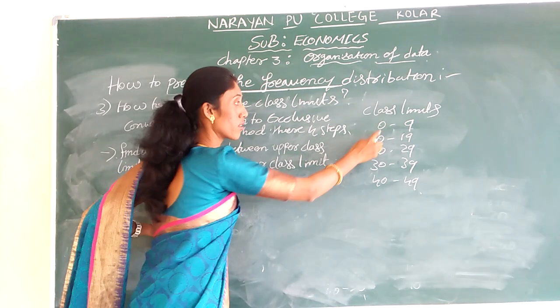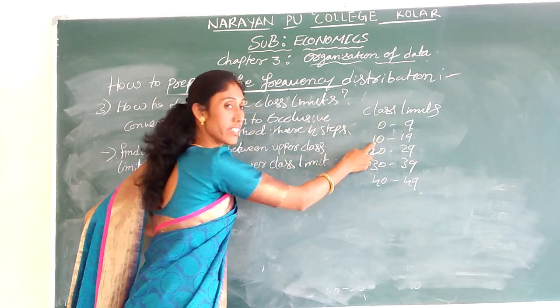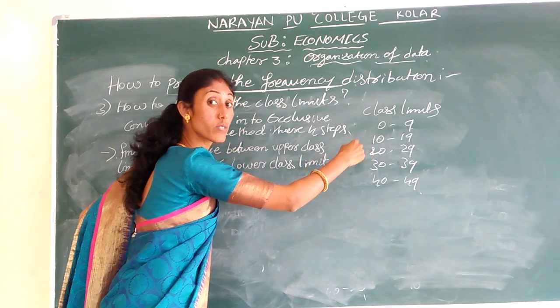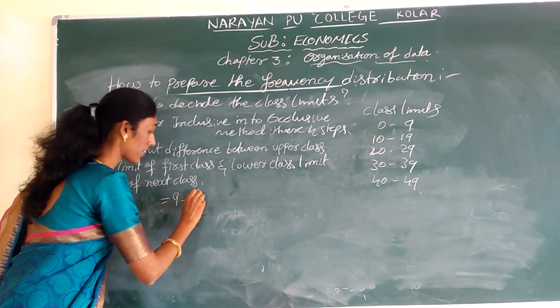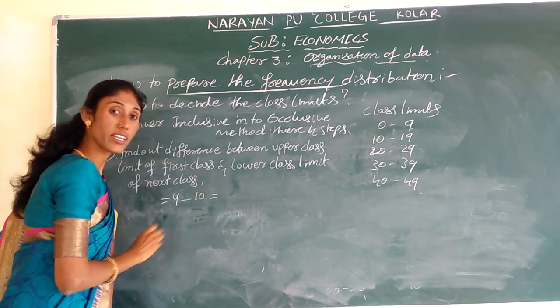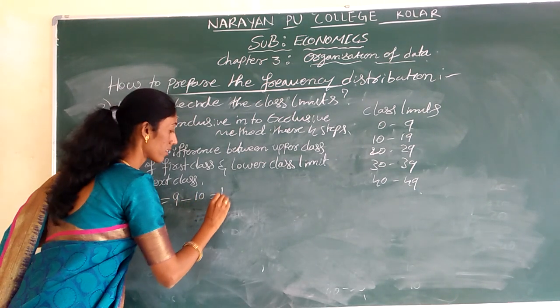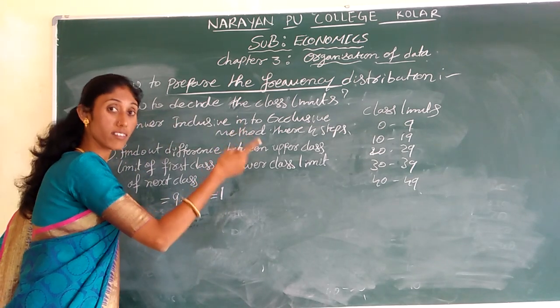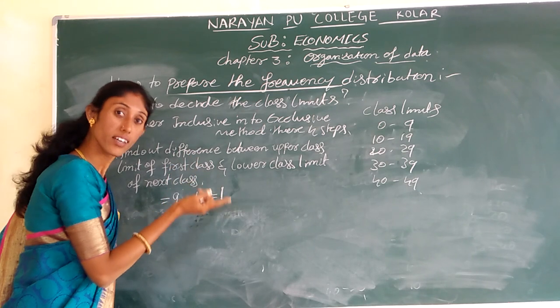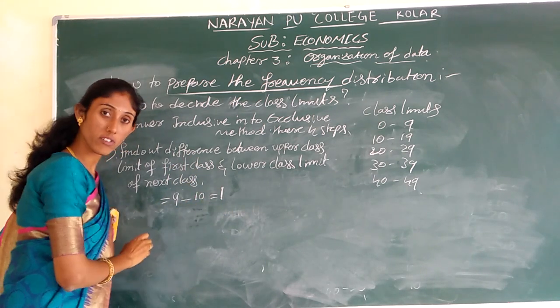Have you understood? The first class upper limit and next class lower limit difference we need to find out first. Got it? 9 minus 10, we got 1. This is the difference between the upper class limit of the first class and the lower class limit of the next class. This is the first step.